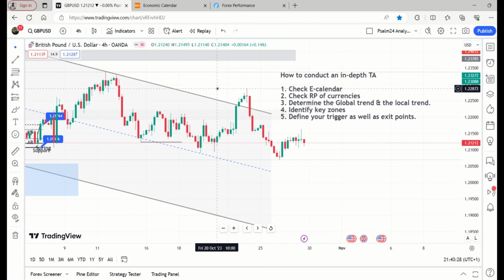You need to consult your economic calendar to be aware of upcoming economic events, reports, and announcements that could impact the currency pairs you are interested in trading. If you don't do this, you'll be considered to be trading blindly because you are not keeping abreast of the economic events that may impact the currency you are trading.